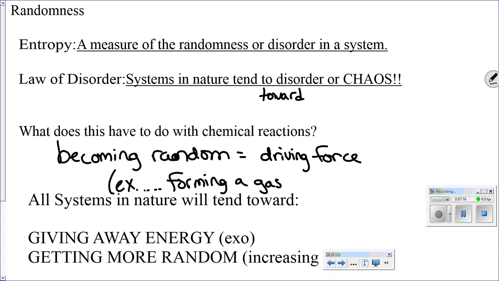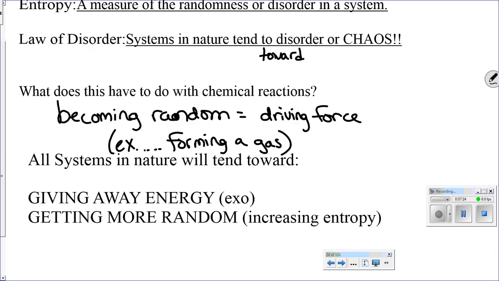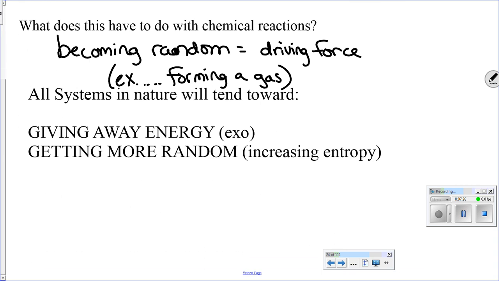Some reactions actually occur because they form a gas, and that's a very energetically or kind of entropically favorable thing to do. So what you actually need to know to apply to questions is that systems in nature will tend toward giving away their energy, or being exothermic, and getting more random, or increasing their entropy.